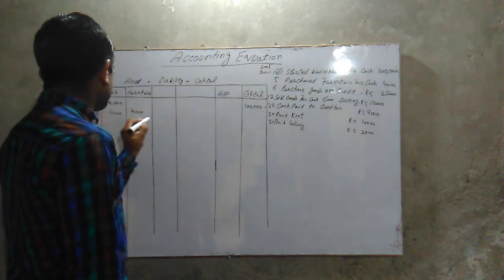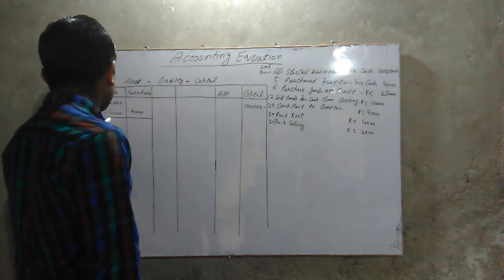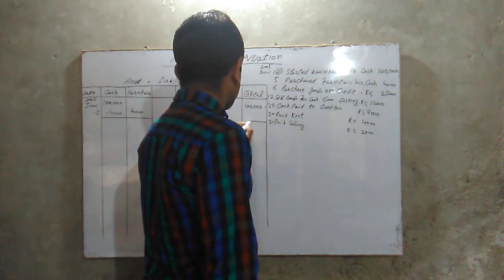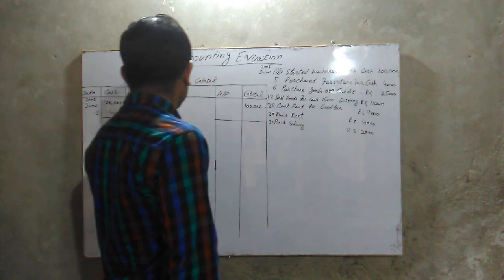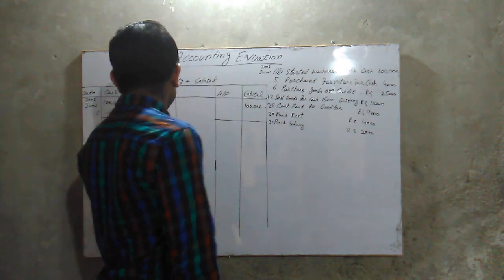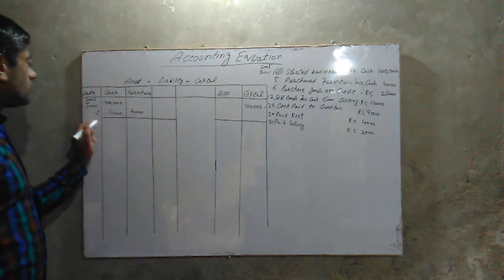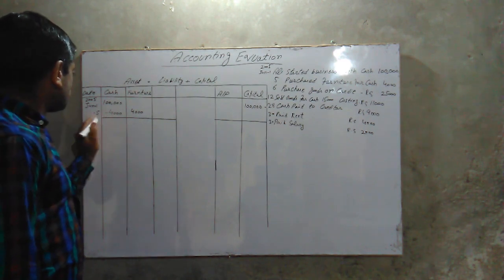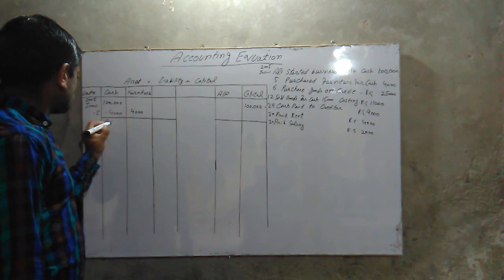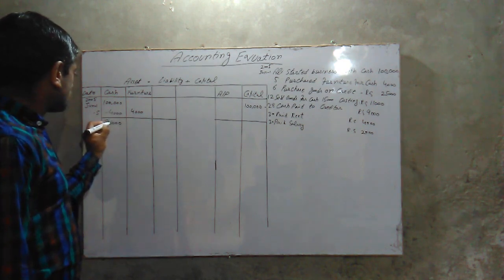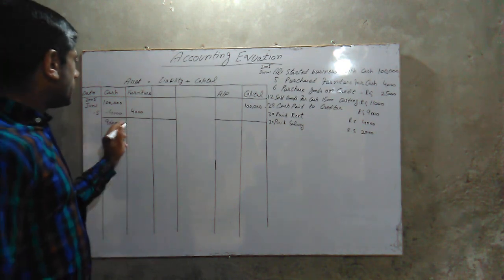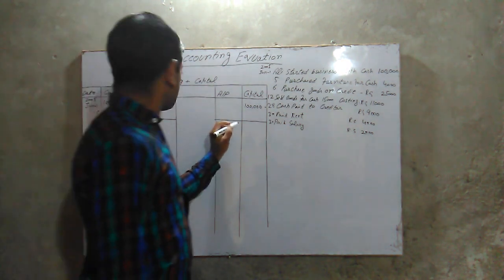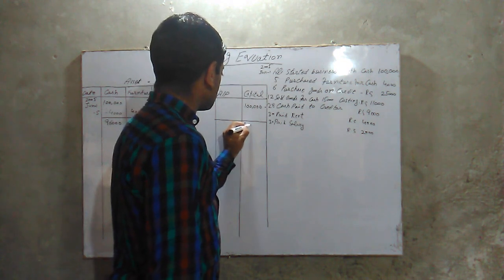So now 1 lakh minus 4,000 is 96,000. 96,000 and 4,000 same and 1 lakh.